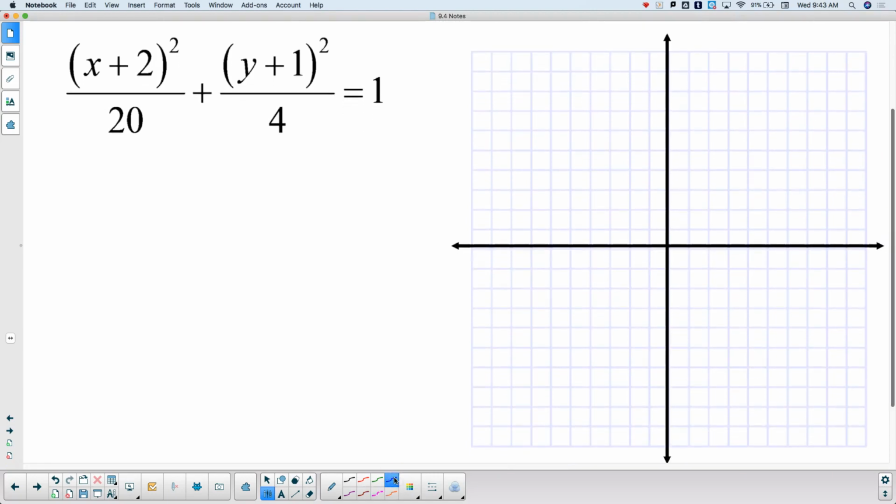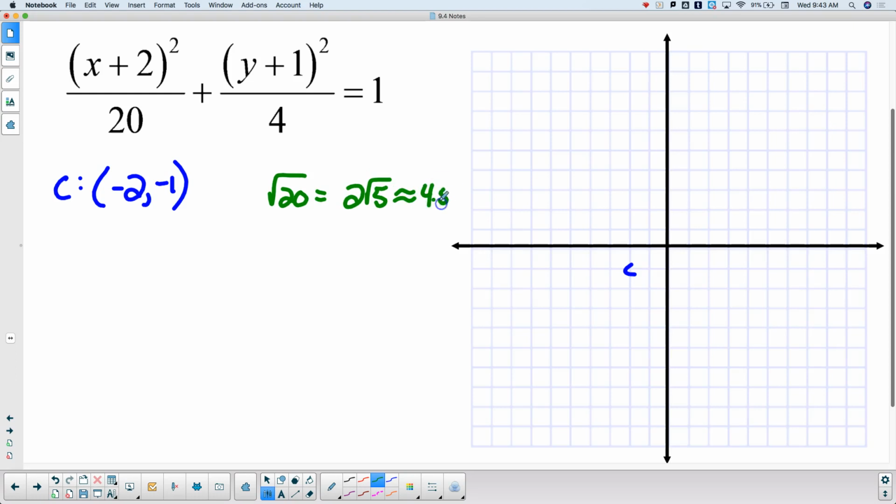Center. Was that -2, comma -1? Okay. Left and right, because it's the square root of 20, which is really 2 square roots of 5, which is approximately 4.5. 2, 4.5, 2, 4.5.